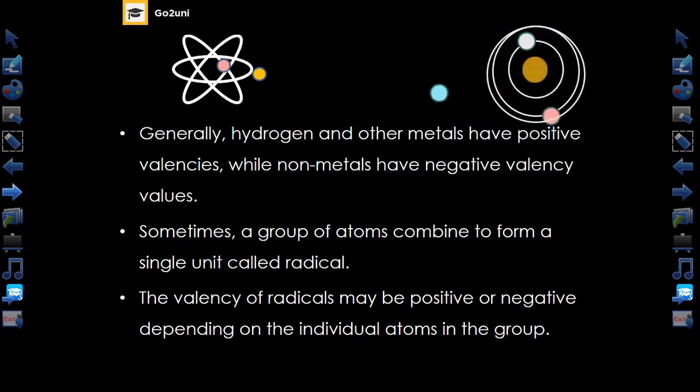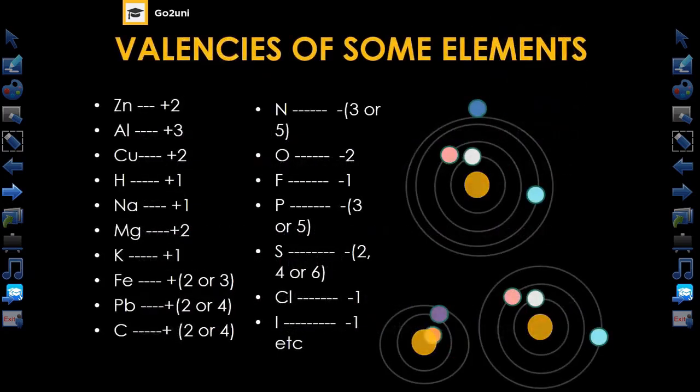While non-metals have negative valencies. Sometimes, however, a group of atoms combine to form a single unit which is called a radical. The valency of radicals may be positive or negative, depending on the individual atoms that make up that radical. Let us take a look at some examples of valencies.